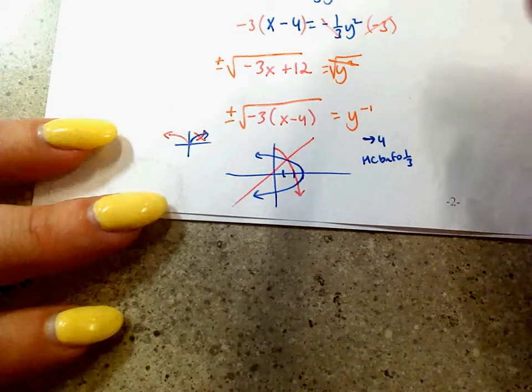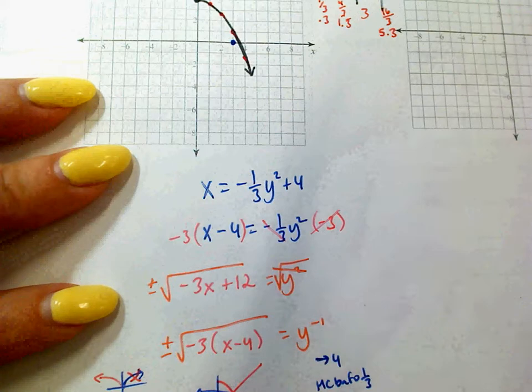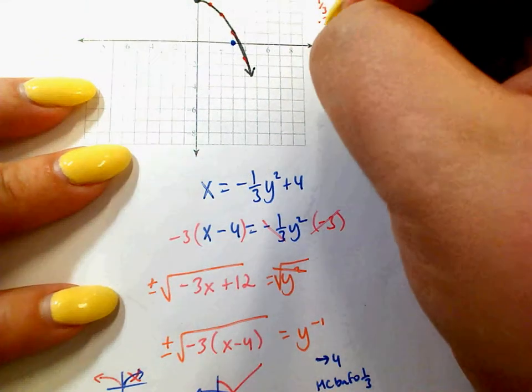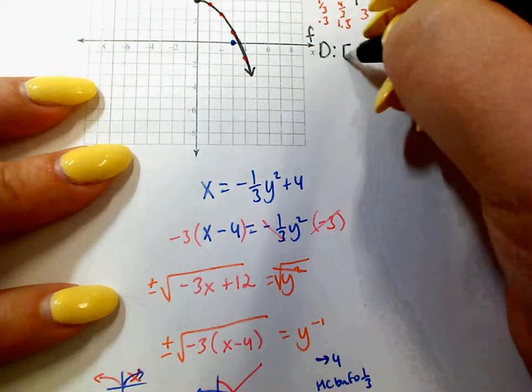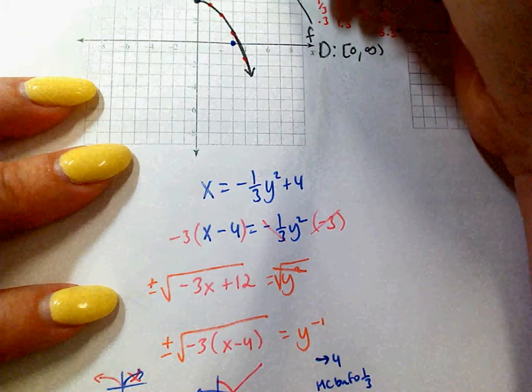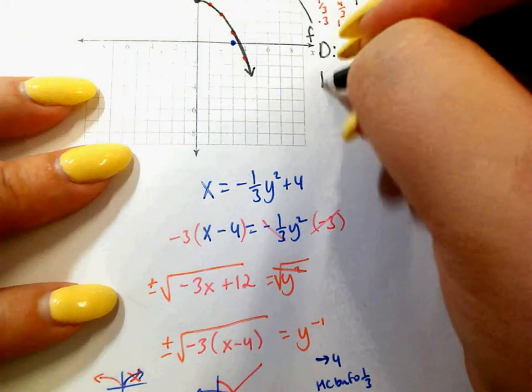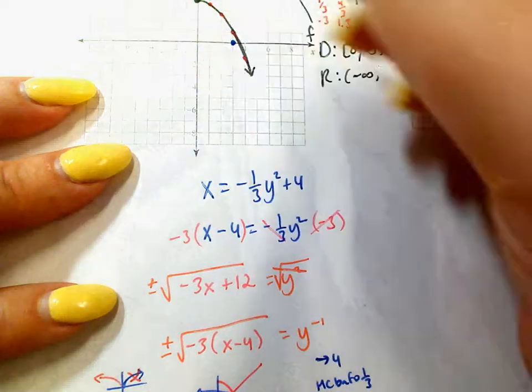But we can also see that by finding the domain and the range. So right quick, I'm going to go back to my original function and find the domain and range. For f, the domain is from 0 to infinity. Left to right, it goes from 0 to infinity. My range is low to high. The lowest it goes is negative infinity, and the highest it goes is 4. Okay?